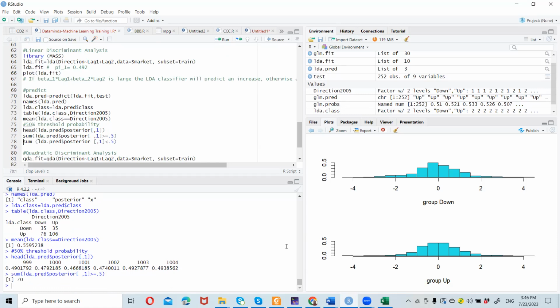Let me see the thing clearly. All right. So we have our 55.9%.